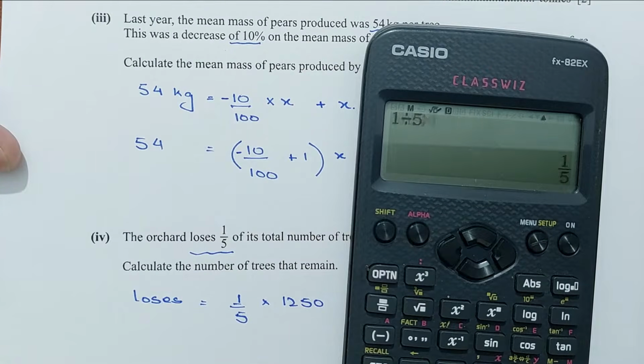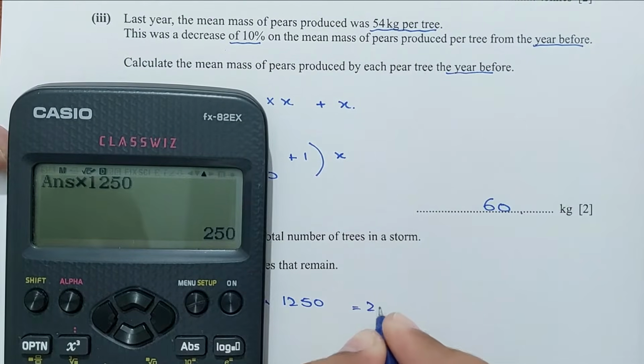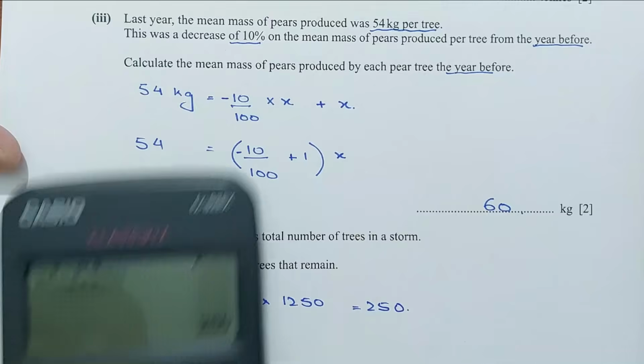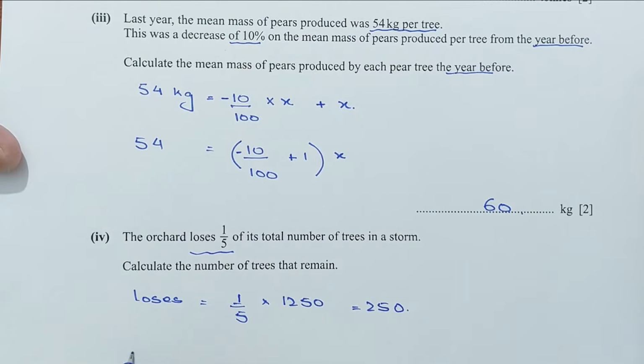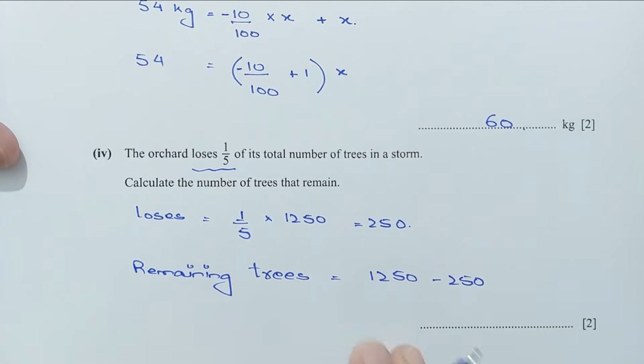So 1/5 of 1250 is 250 trees. Now we have to find the trees remaining. Remaining trees are from 1250, subtract 250, which is 1000.